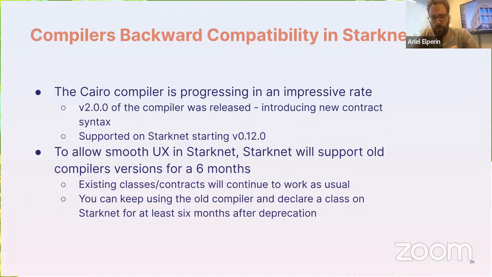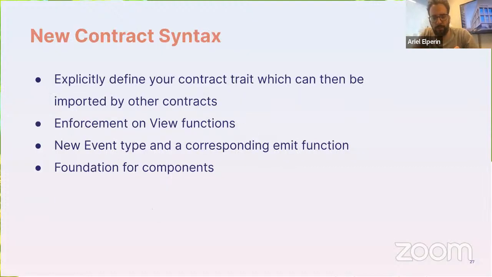Can you go over to the next slide? Yes, so now specifically about the new contract syntax, I only have about a minute, so I'll just mention the headlines. There's a more detailed post in the community forum and some migration guidelines in the documentation.